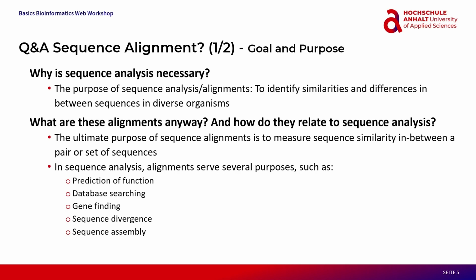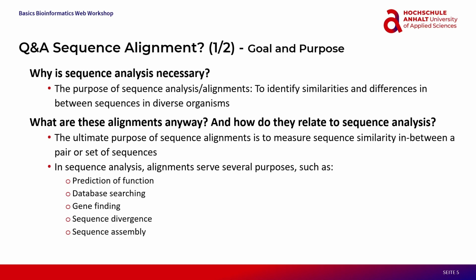For sequence analysis, aligning sequences serves various purposes. First being the predictions for functions of genes or secondary structures that can be made through aligning your sequence of interest against a reference sequence or a database. In fact, alignment algorithms are commonly utilized in most databases as search algorithms for the purpose of query searches.